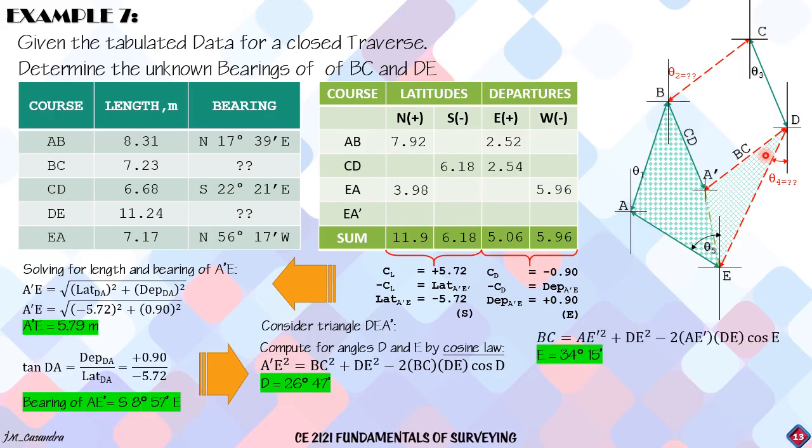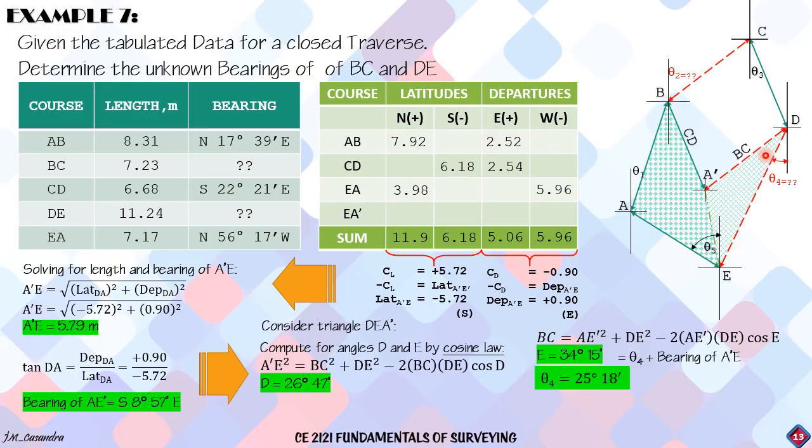So we get now the value of E by cosine law. So cosine E now will give us a value of 34 degrees 15 minutes.